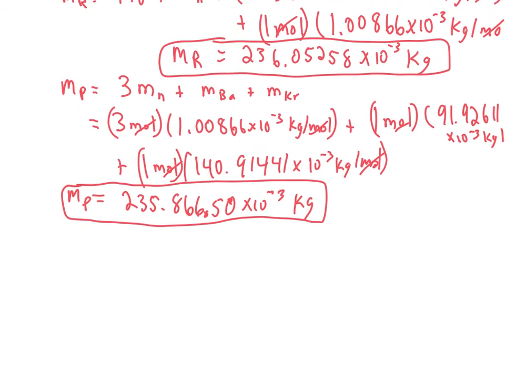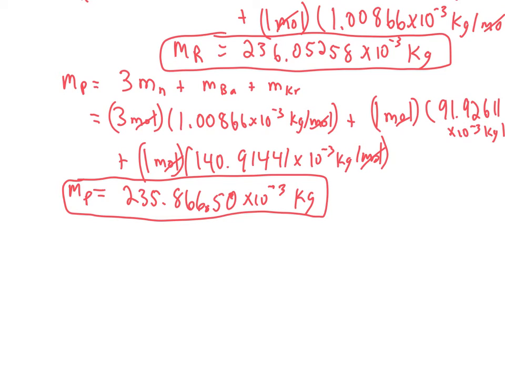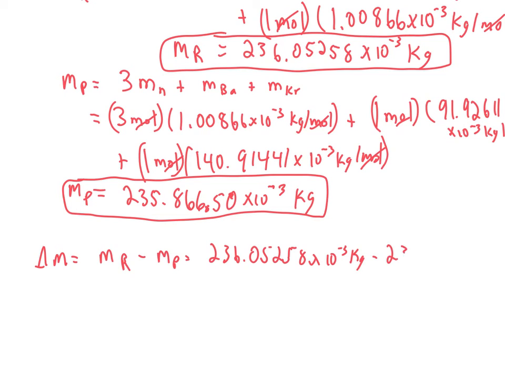So now what we need to do is figure out the delta M. And so the delta M is going to equal mass of the reactants minus mass of the products, which is going to equal 236.05258 times 10 to the negative 3 kilograms minus the mass of the products, which is 235.86650 times 10 to the negative 3 kilograms.